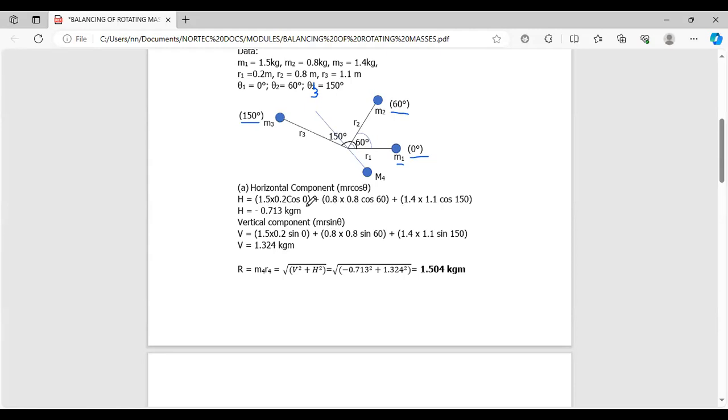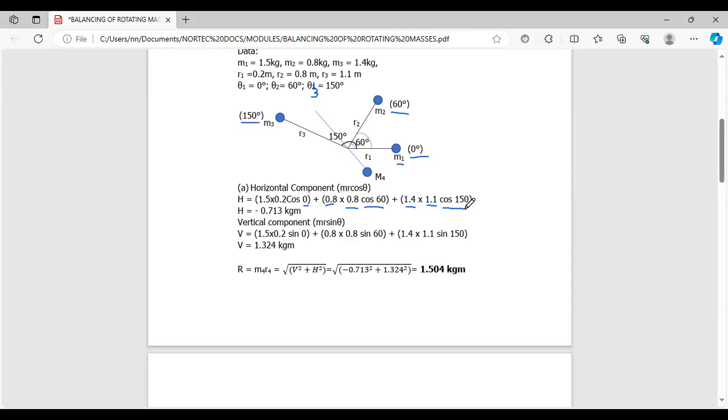The first one, the angle was 0. The second one, the angle is 60 degrees. The mass is 0.8 kg and the radius is 0.8 meters. The third has a mass of 1.4, multiplied by the radius 1.2, and the angle is 150 degrees.